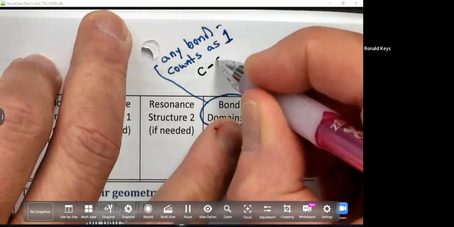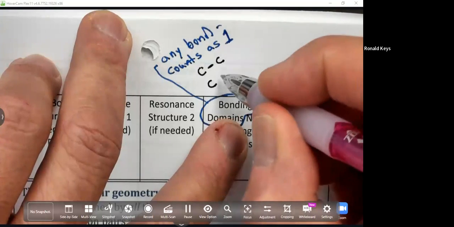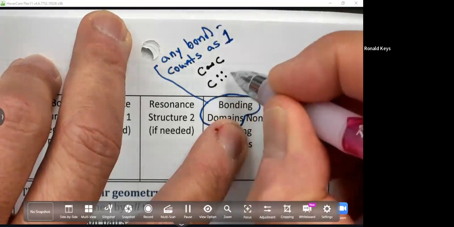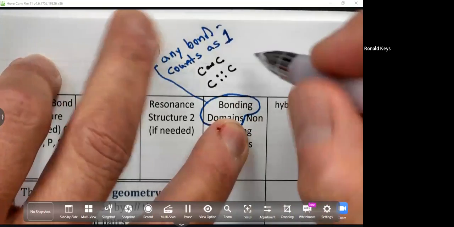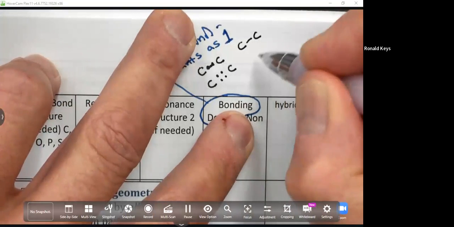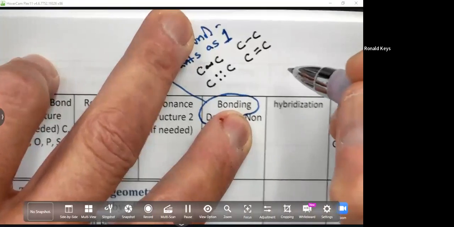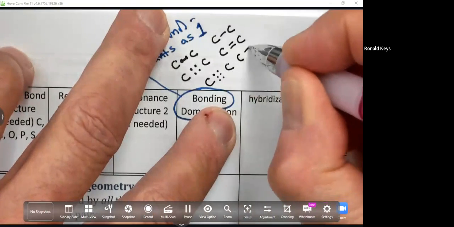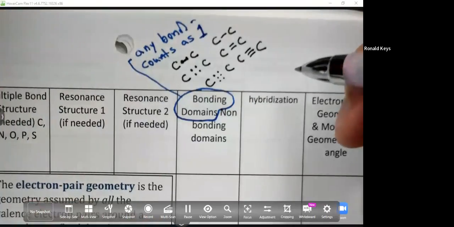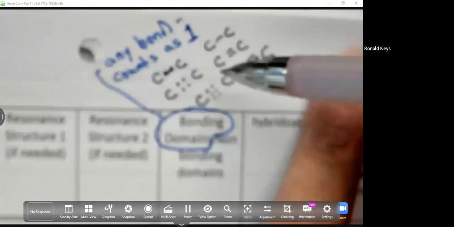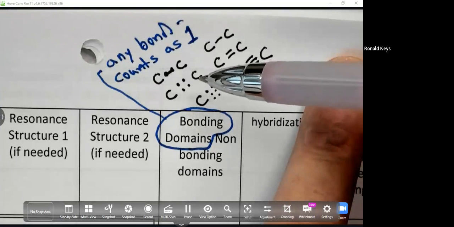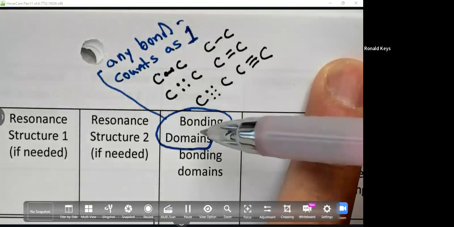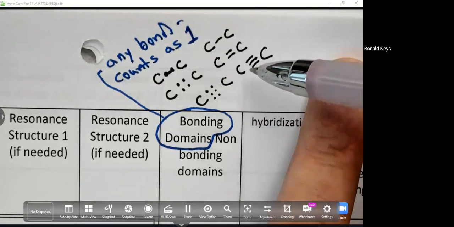I have a carbon single bond. This would be a double bond. It would look like this. Or a carbon-carbon triple bond. All of these count as 1 bonding domain. It doesn't matter if it's a single, double, or a triple, 1 bonding domain.